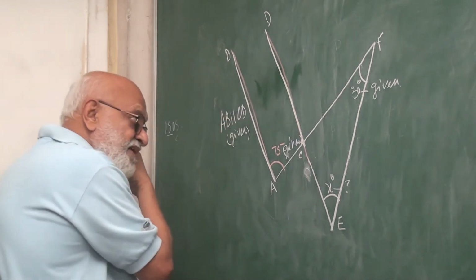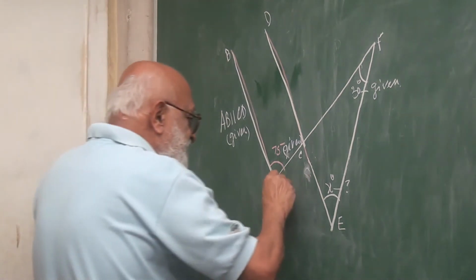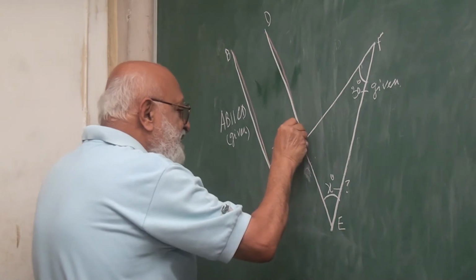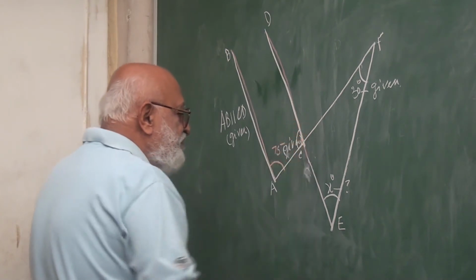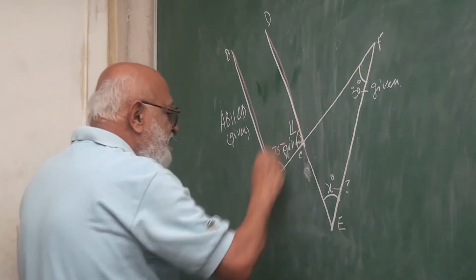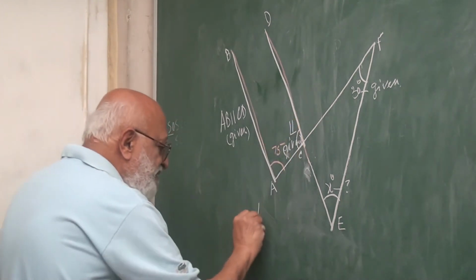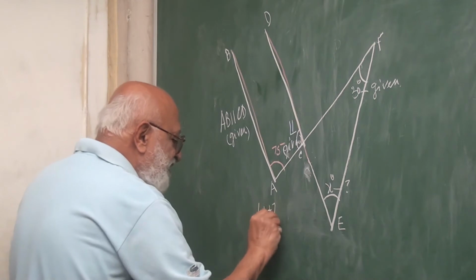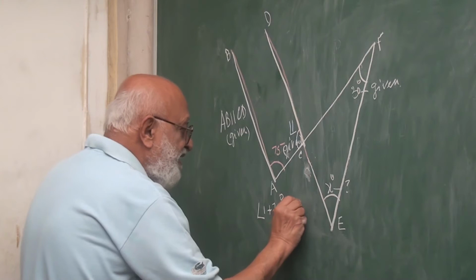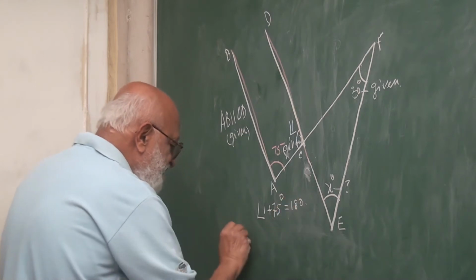If it is given and I take this as a transversal, then these are consecutive angles, which are supplementary. Let me call it angle 1. Angle 1 plus 75 degrees is equal to 180. Why?